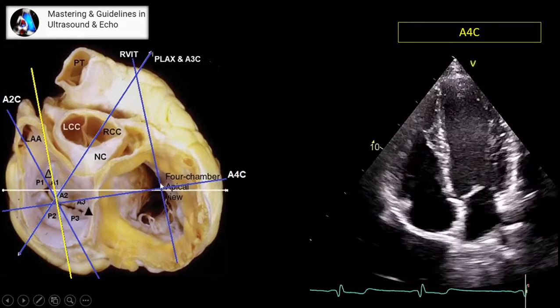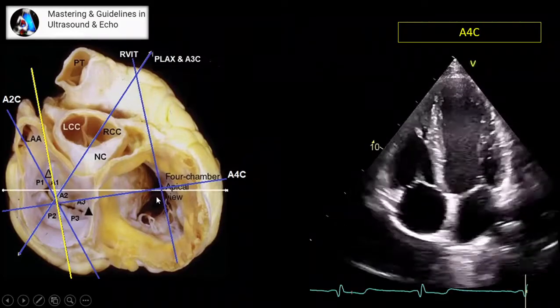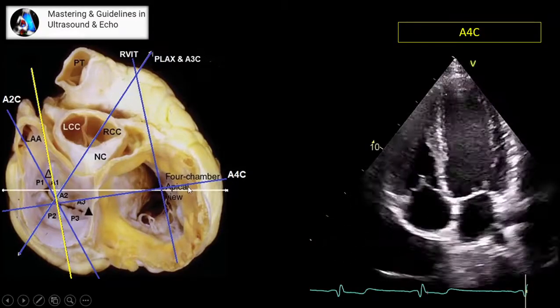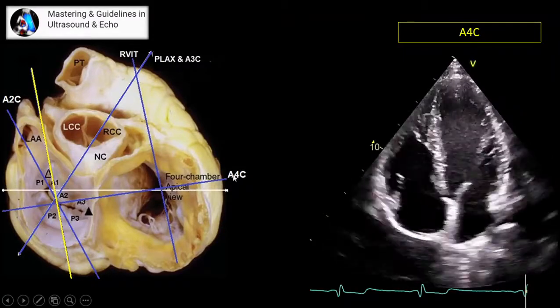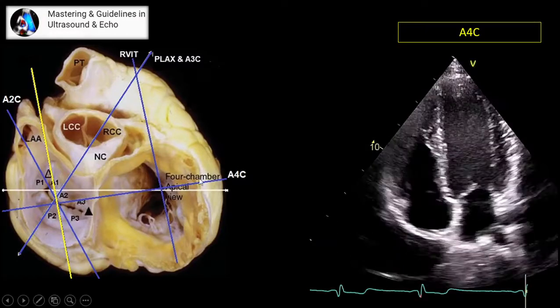Let's see in apical four-chamber how our sector plane passes through the base of the heart. In apical four-chamber, our sector sound passes through this line.